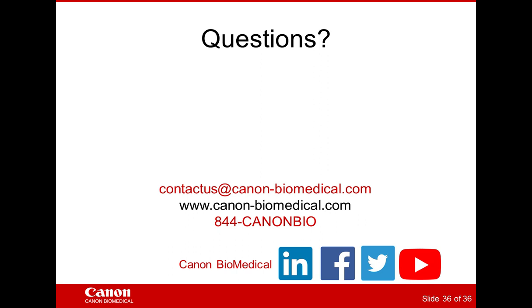Our first question is, you showed Coriell controls being used in the copy number analysis. Can I use my own bank samples that have already been characterized as controls instead? That's a very good question. Absolutely. When we were developing the assays, we wanted to make sure they worked with a third-party control.